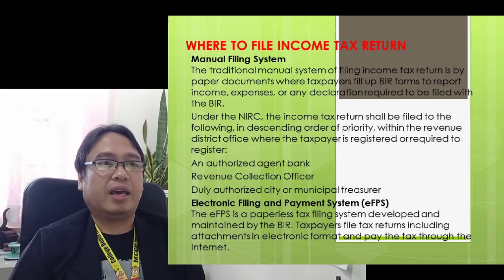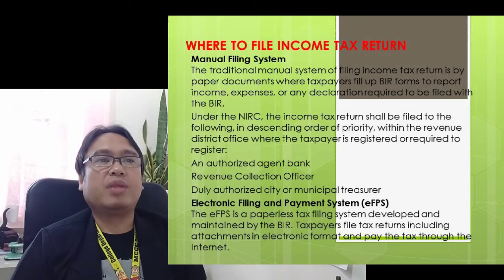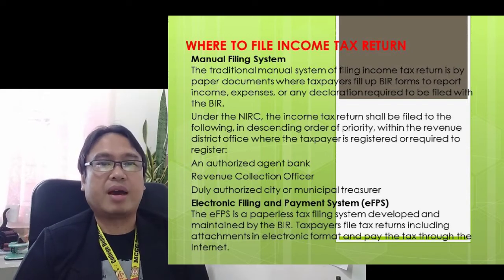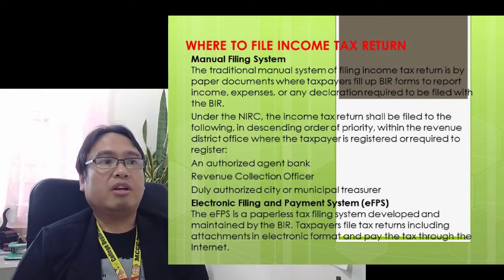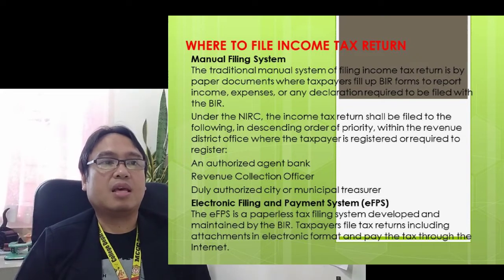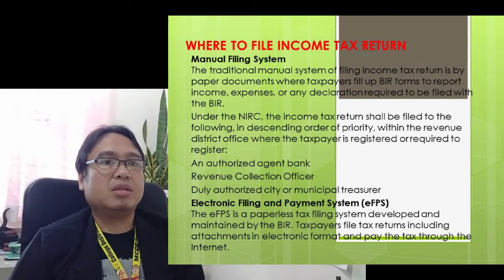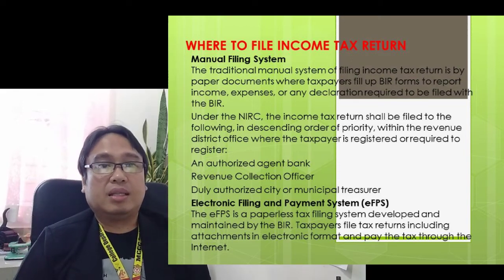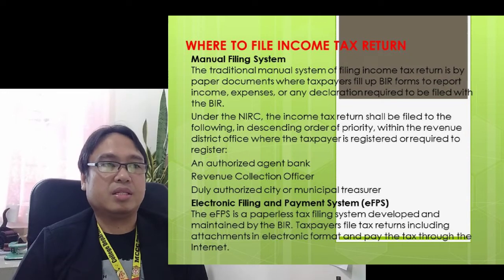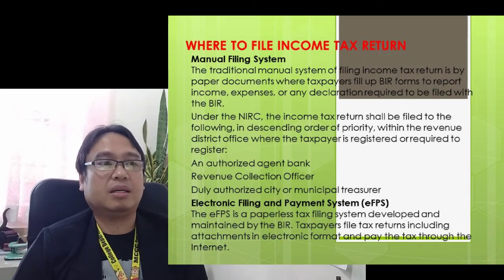Under the NIRC, the income tax return shall be filed with the following in descending order of priority: the Revenue District Office where the taxpayer is registered or required to register; an authorized agent bank, revenue collection officer, or duly authorized city or municipal treasurer.